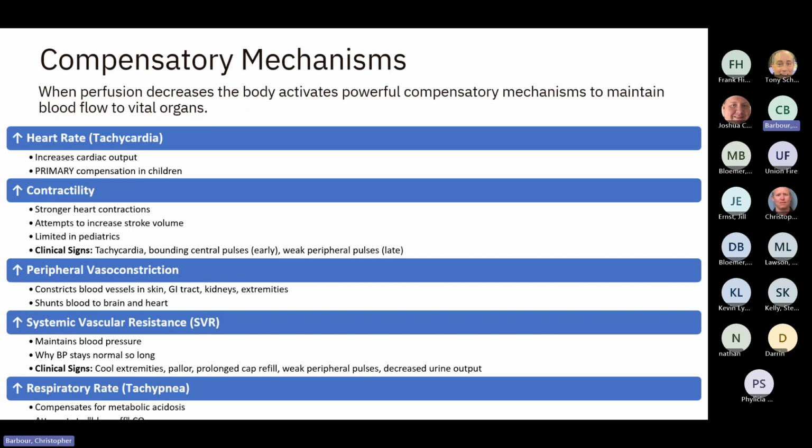So we start to get that heart rate increase, and we start to get the vasoconstriction. The contractility kicks up, especially once the child is older or in an adult, because they have the ability for that left ventricle to start really kicking in.